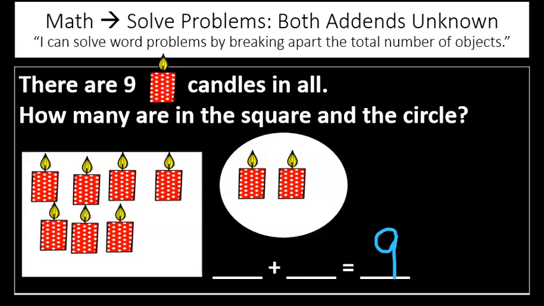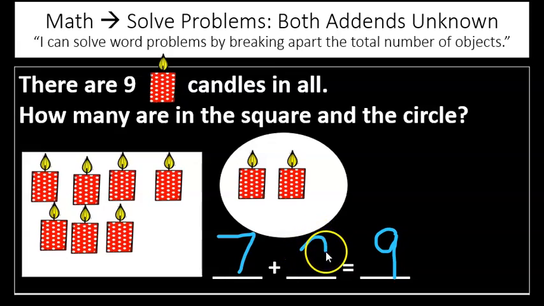Now, boys and girls, how many candles are in the square? Let's count it. 1, 2, 3, 4, 5, 6, 7. So we're going to put 7 here, okay? Because that's our answer for the first addend, okay? Now, let's come here to the circle. Let's count how many candles are in here. 1, 2.